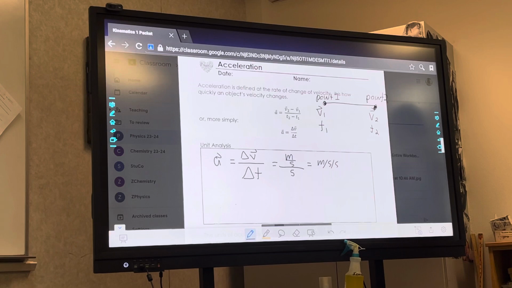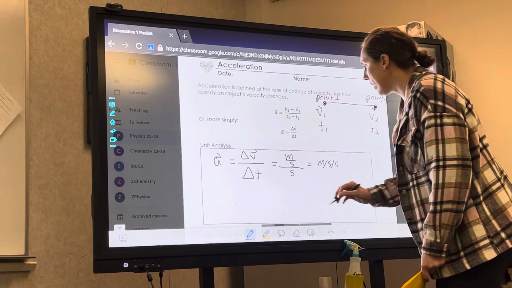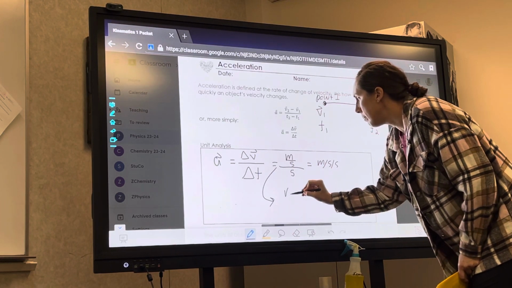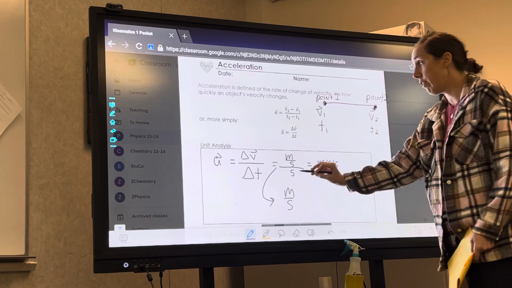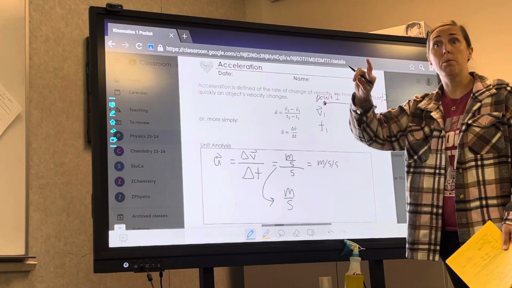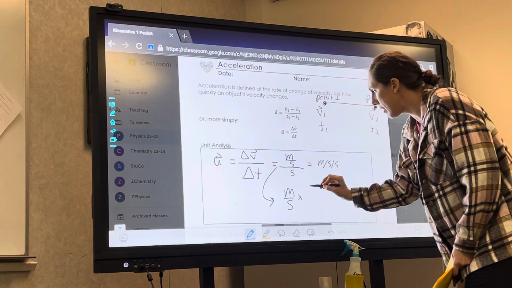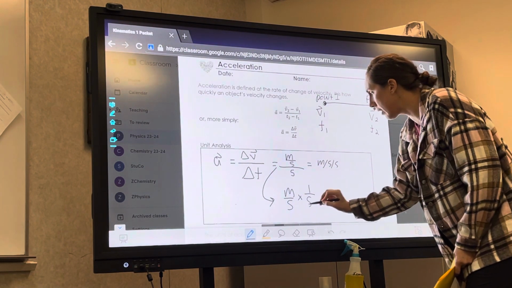So what we can do, based on math properties, is take meters per second, and if you divide it by seconds, you can actually multiply it by the reciprocal, correct? So I'm going to multiply it by the reciprocal, which is 1 over seconds.